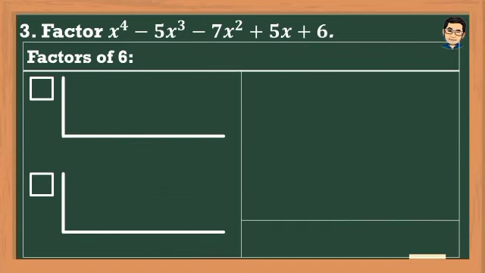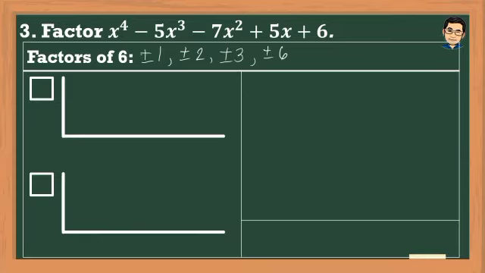So for our last example, factor x to the fourth power minus 5x cubed minus 7x squared plus 5x plus 6. So lista lang natin yung factors ng 6. Positive negative 1, positive negative 2, positive negative 3, and positive negative 6.